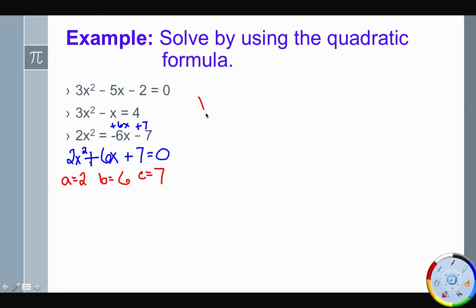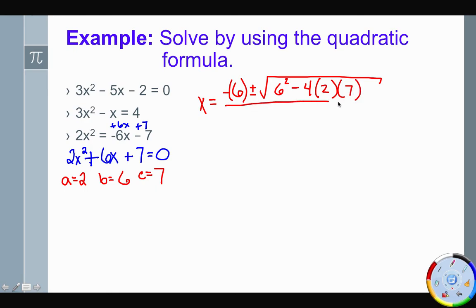All right, so we go x equals the opposite of b. So opposite of 6 plus or minus the square root of b squared minus 4 times a times c all over 2 times a. Simplify.